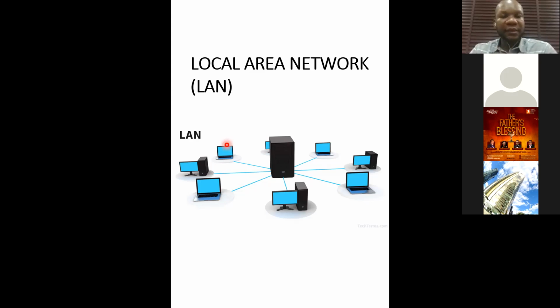So the TCP/IP protocol enforces a law that before any computer can communicate with any other computer on the network, the IP address of both the source computer and the destination computer must be known. Okay?